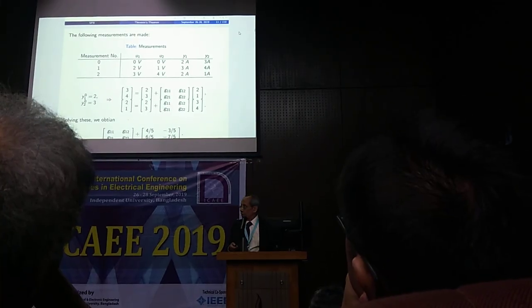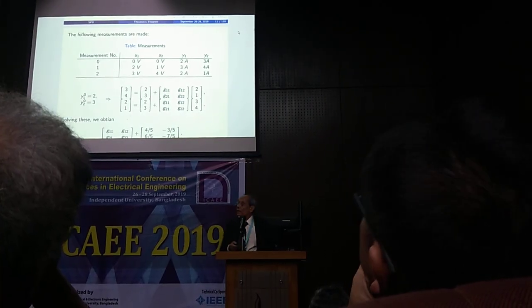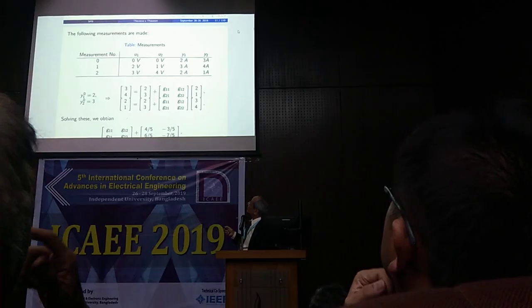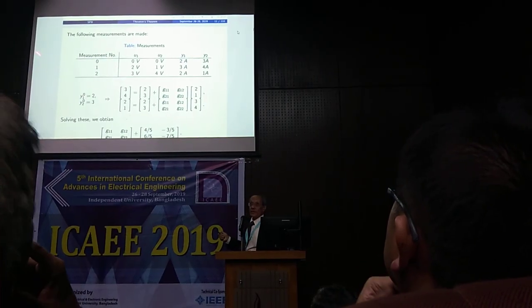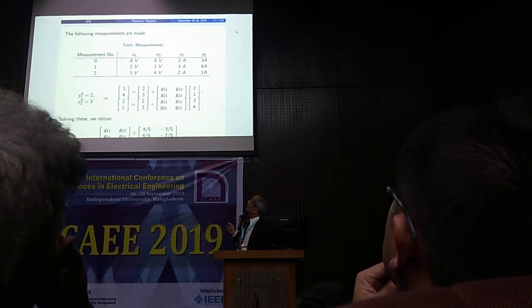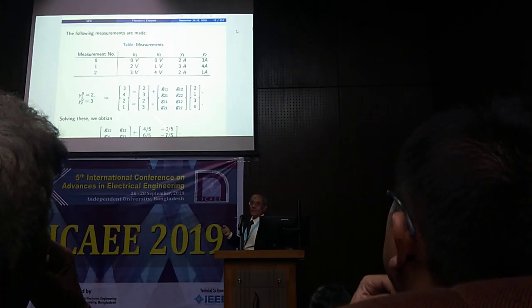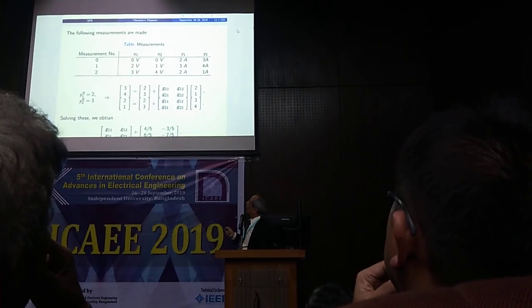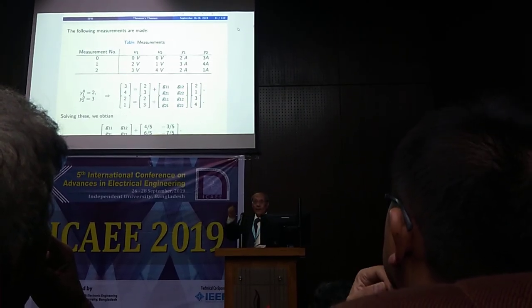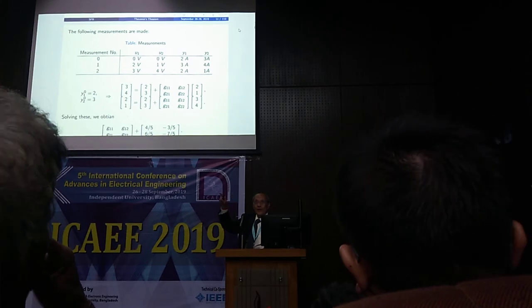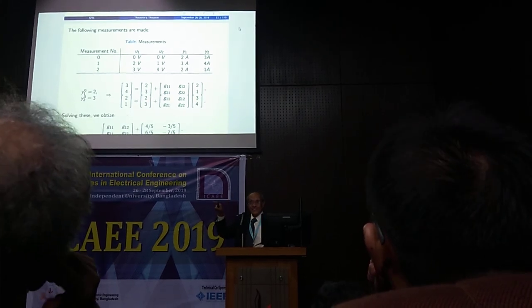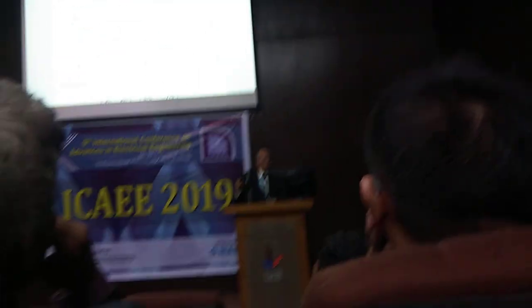So here are the measurements. I took 3 measurements. Each time I set the inputs, measure the outputs. From this data, I can solve for the Y10, Y20, and the G11, G22, etc. You guys should ask questions if you have any doubts right now, because later on you'll forget your own doubt.